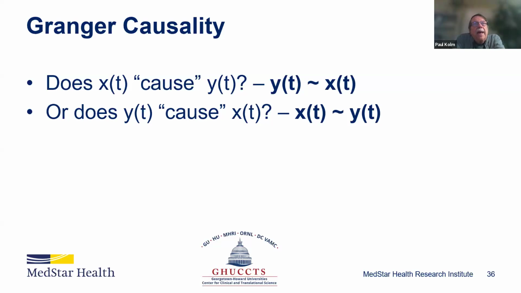So now we want to ask, is there a time series model that we can say causes the outcome model, or is what we're looking at as a cause actually caused by our primary time series model? In other words, X sub t causes Y sub t.